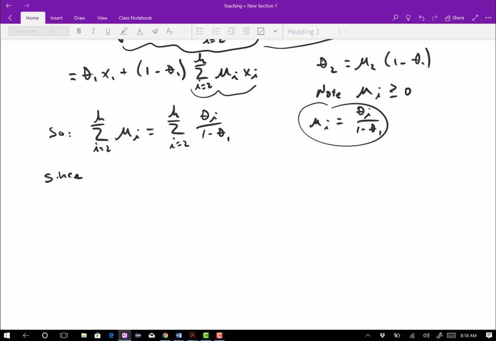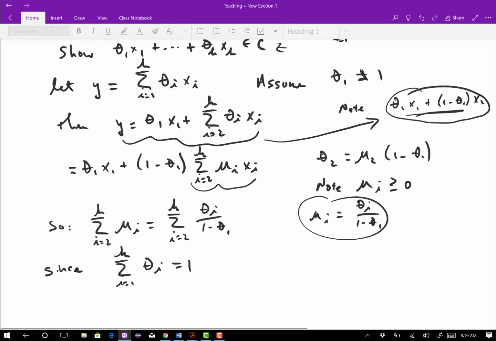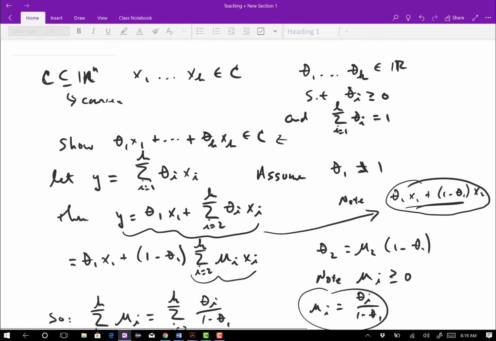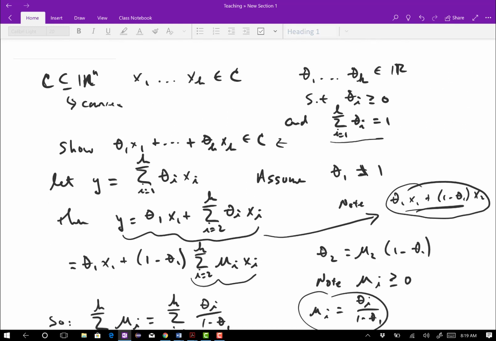And since the sum of i ranging from 1 to k of theta i is equal to 1, where does this come from? Well, this comes from the fact that we're told in the problem that all the thetas add up to 1.